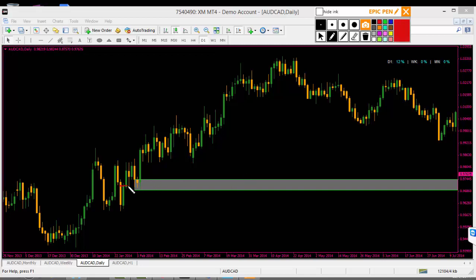See this? There's a demand here, right? This is a drop base rally, yes, and this is the price reaction. This is a price pullback to this demand.